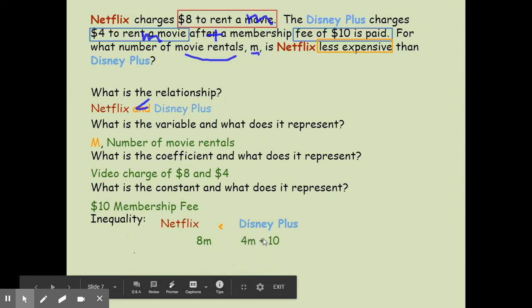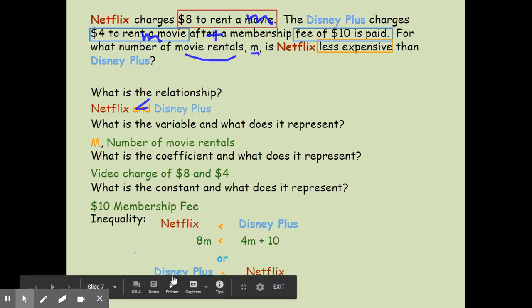And Disney Plus costs me $4 per movie. So if I want to rent one movie, I have to pay $4 for that movie plus $10 for my membership fee. And again, it has to be less than. So again, Netflix, I pay $8 per movie. Disney Plus, I pay $4 per movie plus my membership fee.